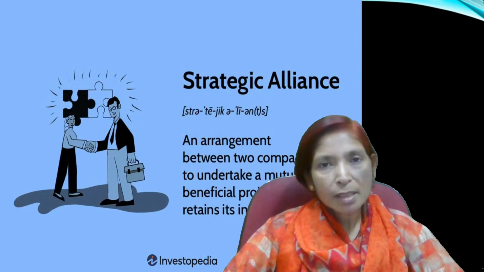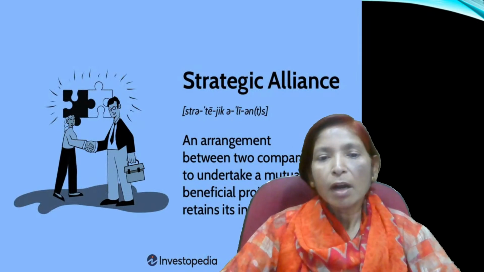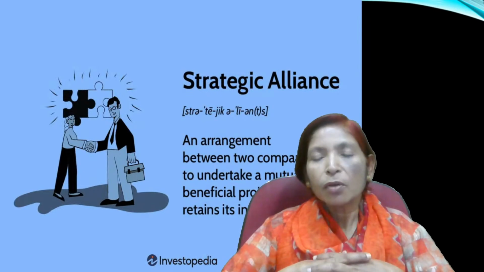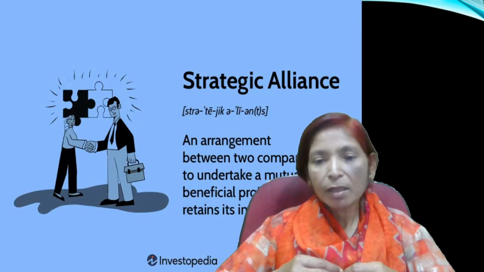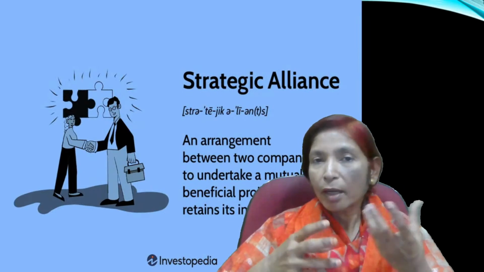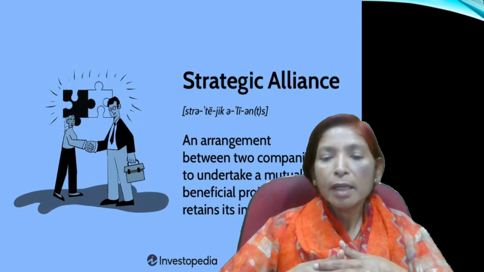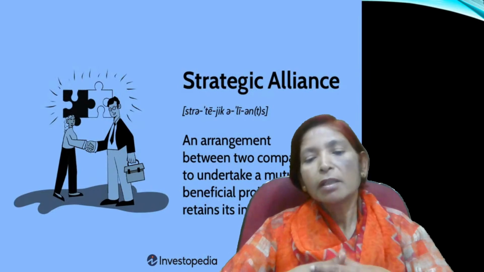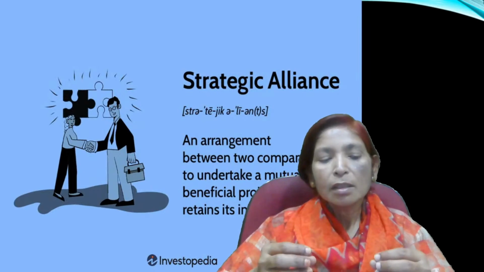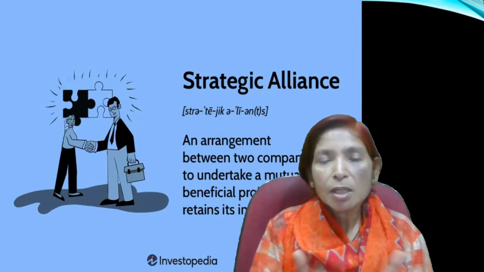Here we are discussing how firms can collaborate and how firms can mutually agree to enter into specific alliances. Strategic alliance is just an arrangement between two companies or more than two companies to mutually undertake a beneficial project while each retains its independence. Alliance means grouping.